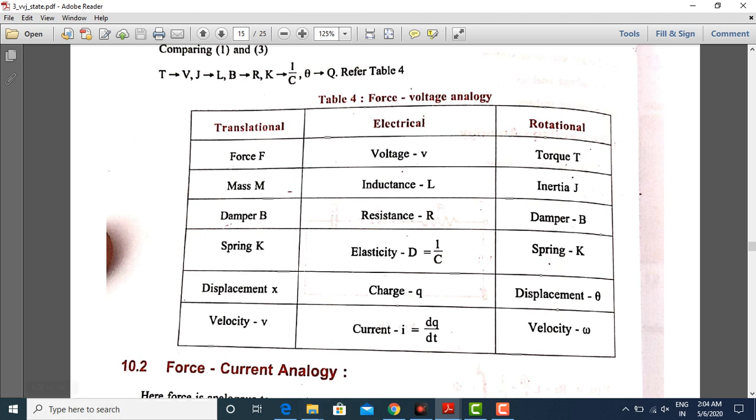This table we have prepared from these equations. Just compare the second order, first order and constant terms, and you will get this chart.